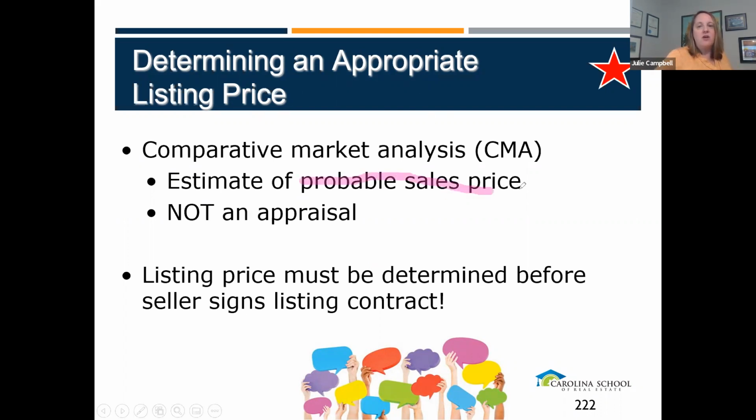Depending on the market, we're probably going to put it on the market for a little bit more than the probable sales price. What we're saying is, based on my research, this is what I think a buyer is willing to pay for this property, so let's put it on for a little bit more. Give us some wiggle room for negotiation. How much more? It depends on the market. Right now, we could put it on $20,000, $30,000, $40,000 more if we wanted to.